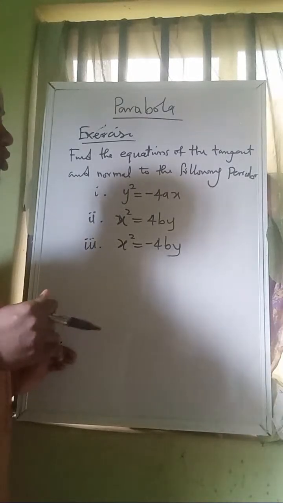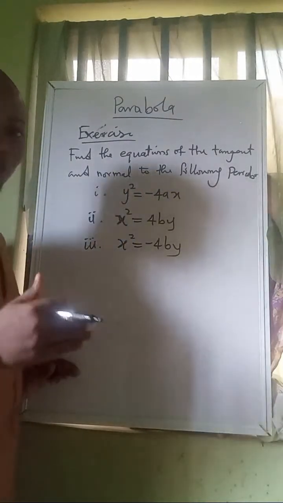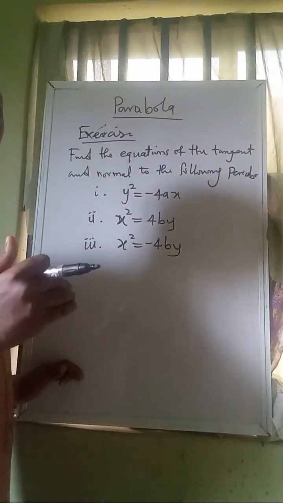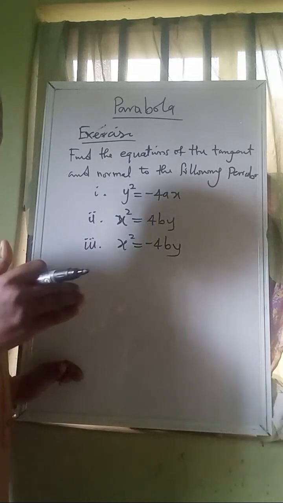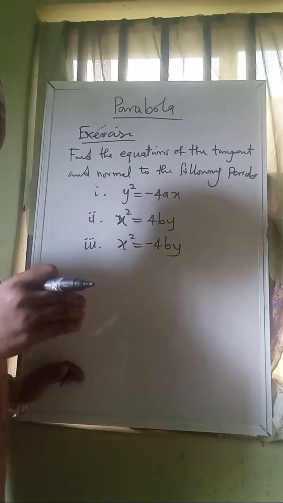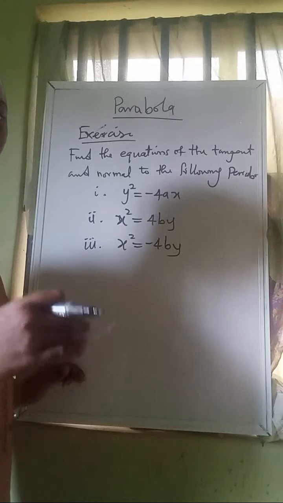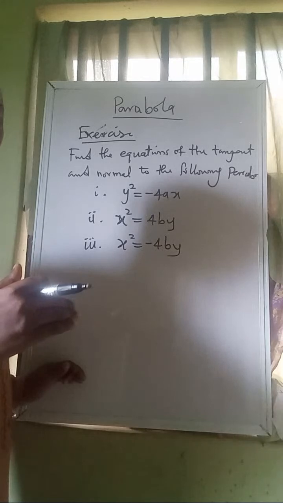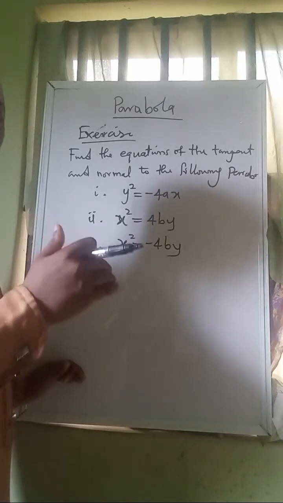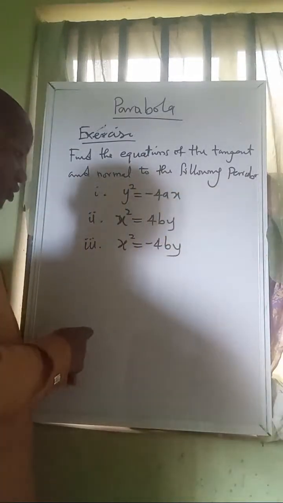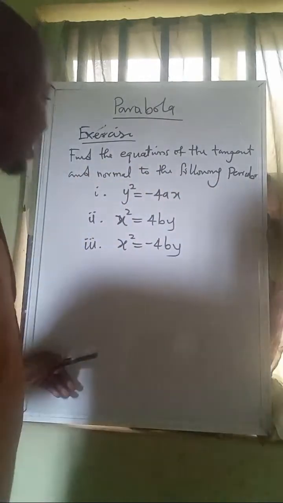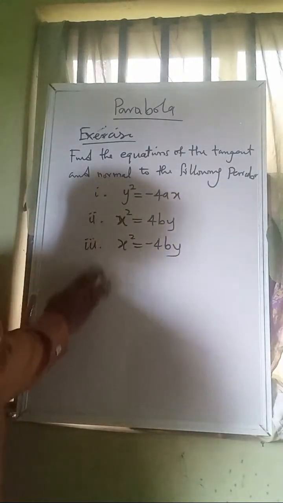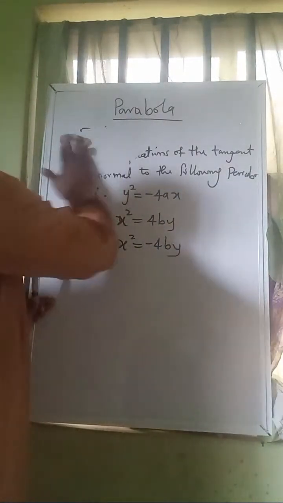Okay, now let's go to part 2 of the parabola. This is a case where the origin of the parabola is not at the origin 0, 0. Suppose we have moved the origin from 0, 0 to another point.